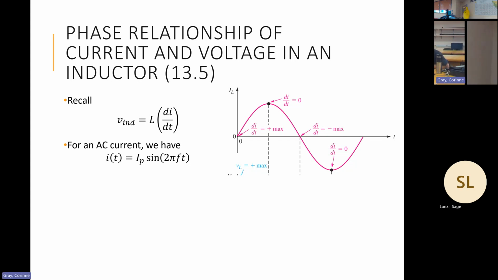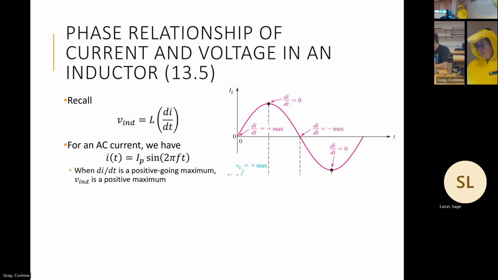So if this here is our sine, our current, when we take the time derivative of sine, what do we get? We'll have a cosine, and some other chain rule stuff that pops out, which will change the scale.